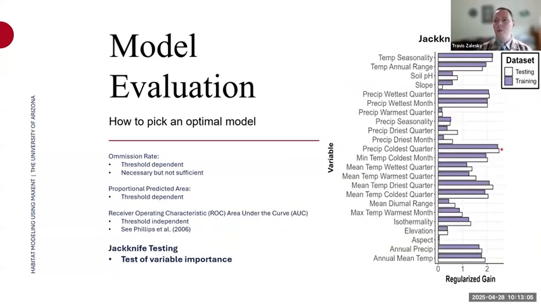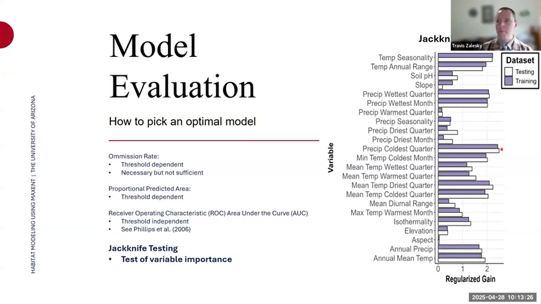Another way that you can evaluate your model is to evaluate the explanatory variables themselves using jackknife testing. Jackknife testing iteratively performs many models using only a single variable and also systematically eliminating a single variable.